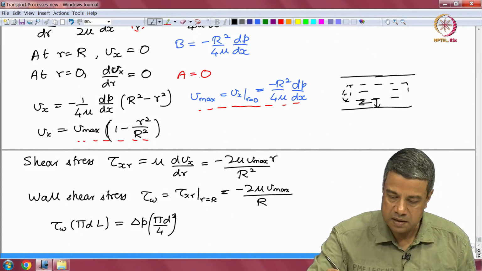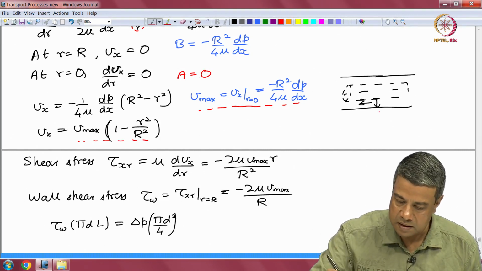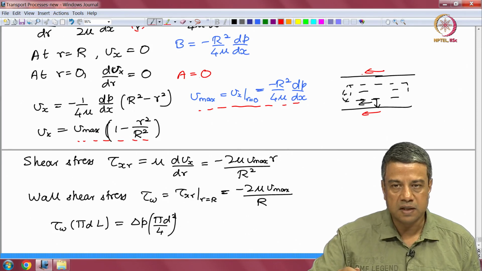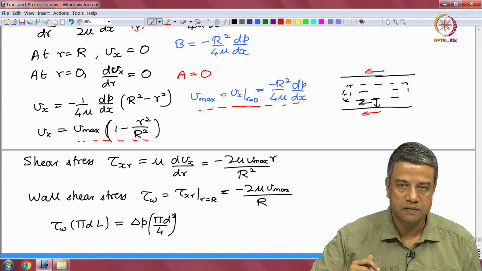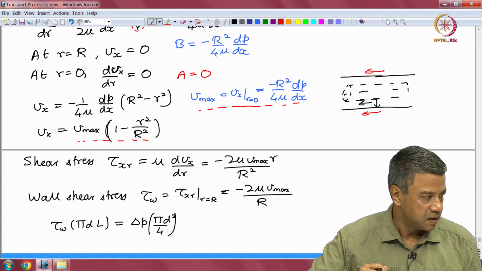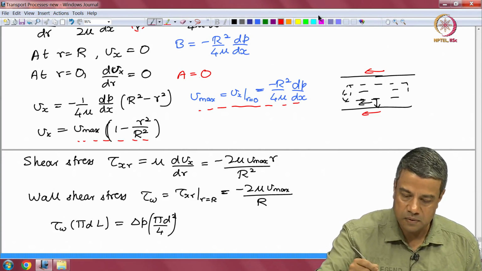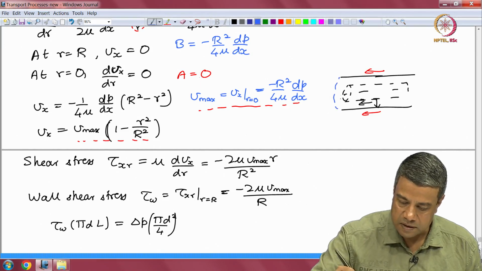So, if you balance the backward force exerted by the wall on the fluid, the wall is tending to retard the fluid and reduces the velocity to 0 at the wall, that has to be equal to the force due to the difference in pressure.